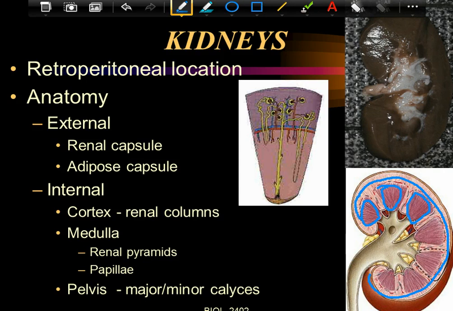And this area is called the medulla. Okay? Remember, medulla and cortex, like the adrenal cortex, is always on the outside. In between the pyramids, there's some areas called renal columns of the cortex that dip down. There's a capsule on the outside, dark brown.